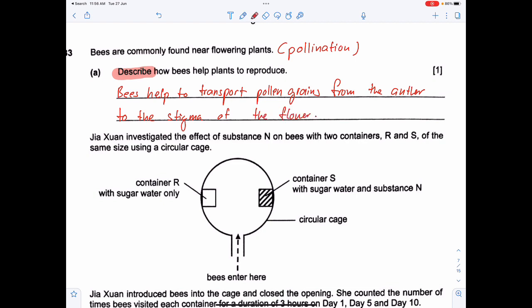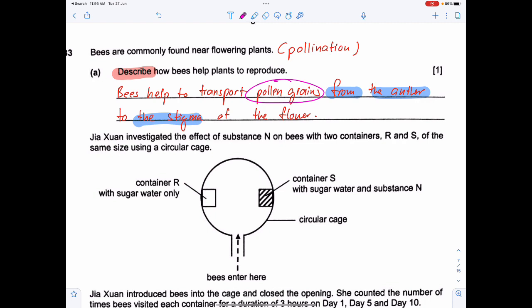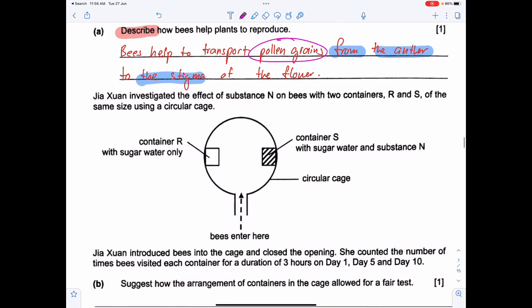Okay, so what am I looking for? I'm looking for from where to where. Okay, and transport what? Okay, so just telling me pollination, pollinating, not good enough. Next question.